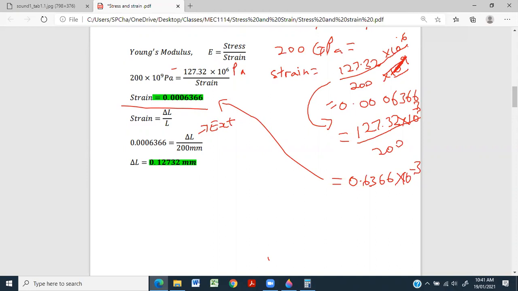So keeping this strain 0.0006366 equal to the extension divided by 200, multiplying this by 200, right?